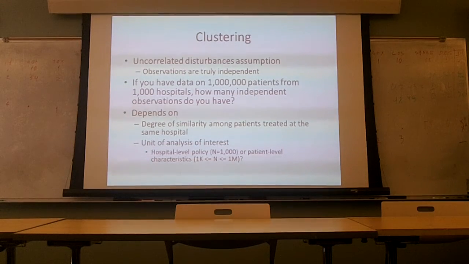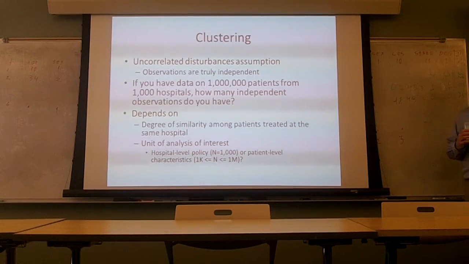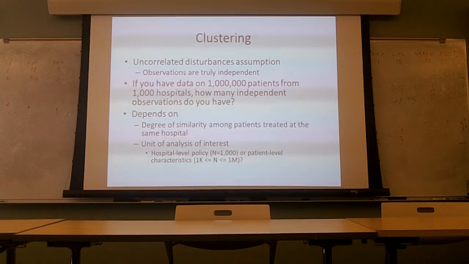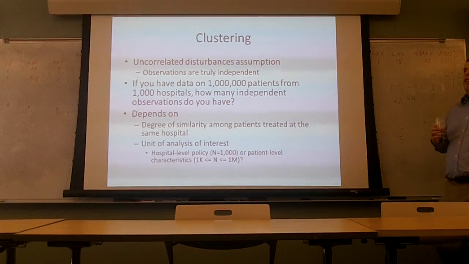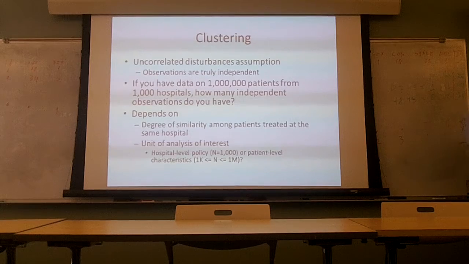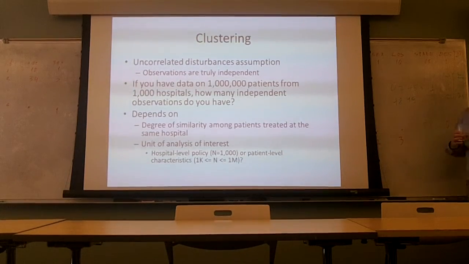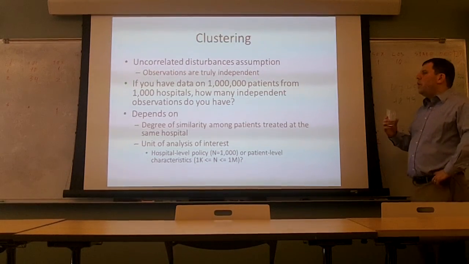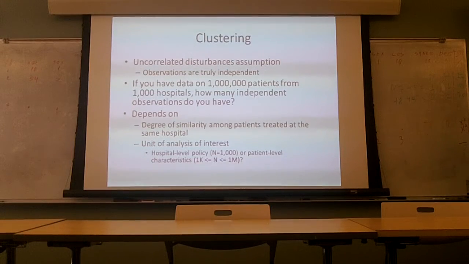We've got 1,000 hospitals, and each hospital has 100 patients. We might expect that patients are more similar to other patients at the same hospital than they are to patients at different hospitals. That would violate this assumption. What are we going to do about it? Well, it depends. I have a question here.